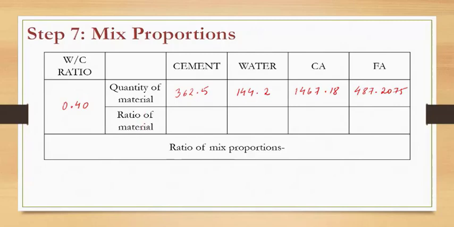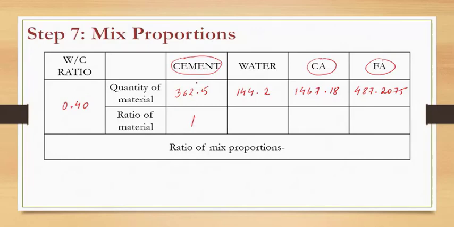Now the ratio of material. We always write the ratio of mixed proportions as cement is to fine aggregate is to coarse aggregate. And here, the ratio for cement we always consider as 1. So how much do we get for coarse aggregate and fine aggregate? If we divide their quantities by the quantity of cement, we will get the ratio.